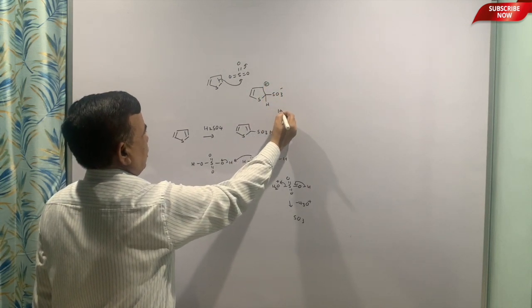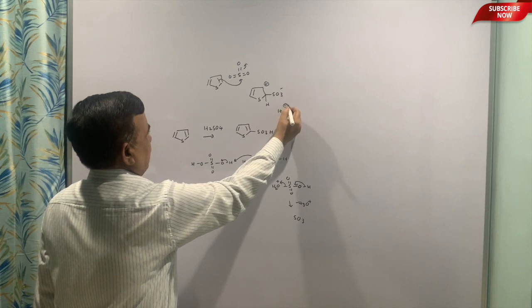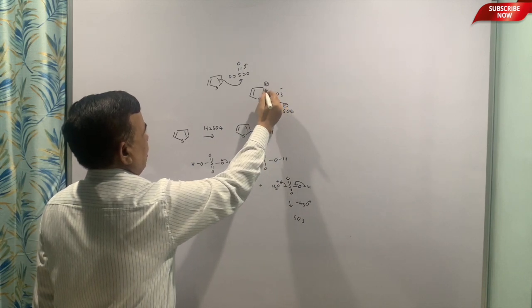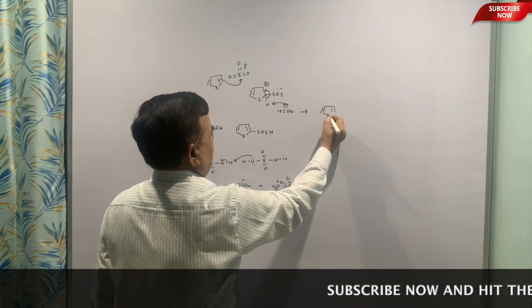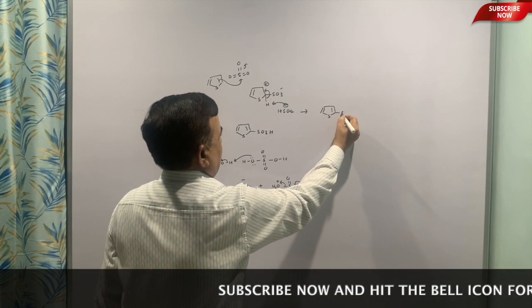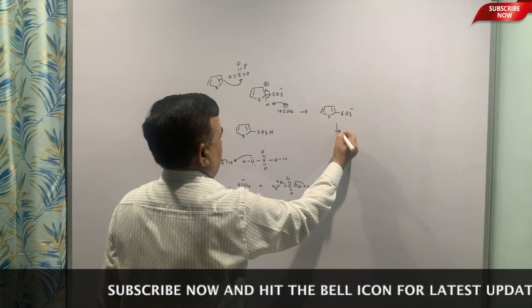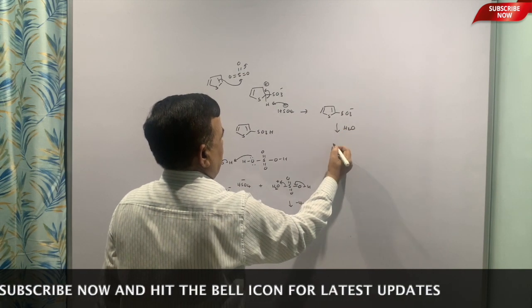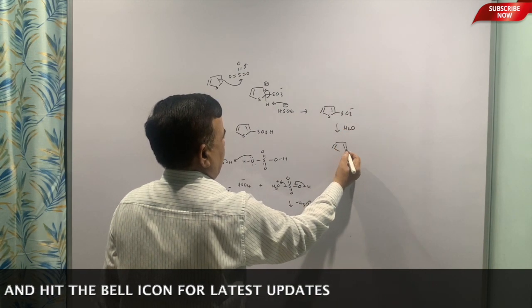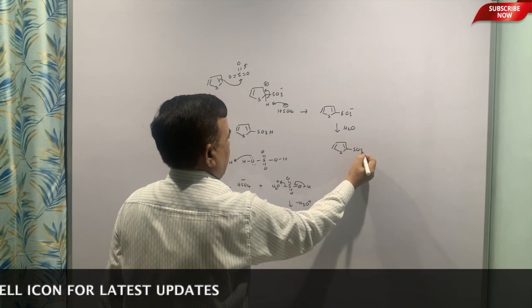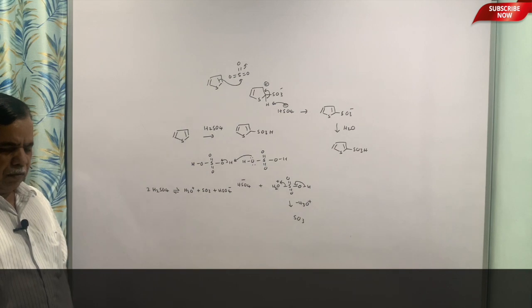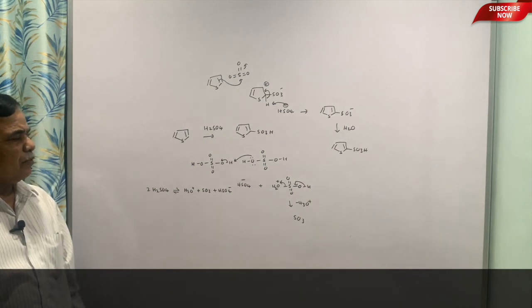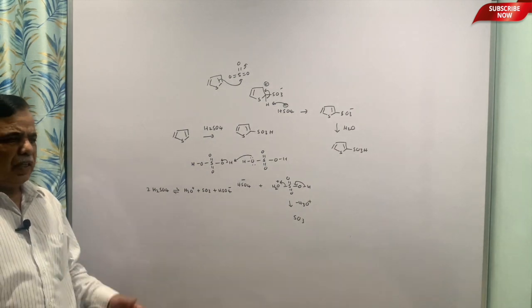Of course, the HSO4 minus helps in the abstraction of proton, thereby we retain the aromatic sextet, and this eventually takes a proton from water and you get the sulfonic acid derivative. So this is how the electrophilic substitution takes place. So sulfuric acid is generally used, if not, oleum is used.